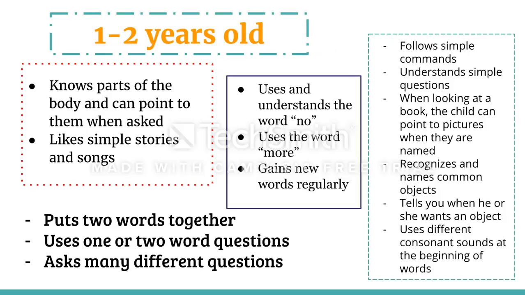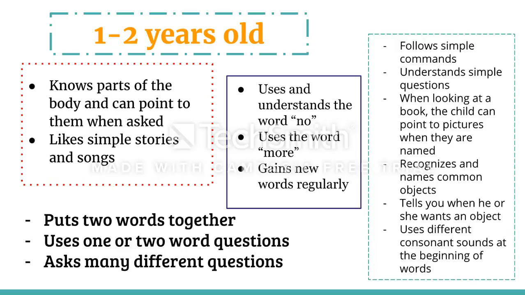Okay, so at this point, your child will start doing things like knowing parts of the body and being able to point to them when asked. So if you say nose or hand or foot, the child will know which part you're talking about and be able to point to it.